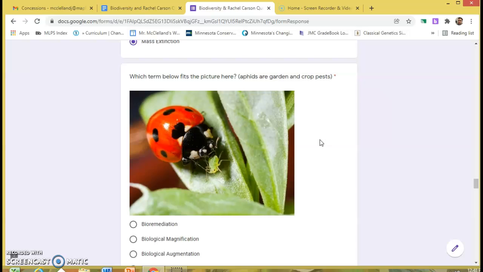Which term below fits the picture here? So, aphids eating your garden crops could be given predators to feed on them, like these Asian beetles, and that could be a way to deal with those insect pests that's not a chemical.